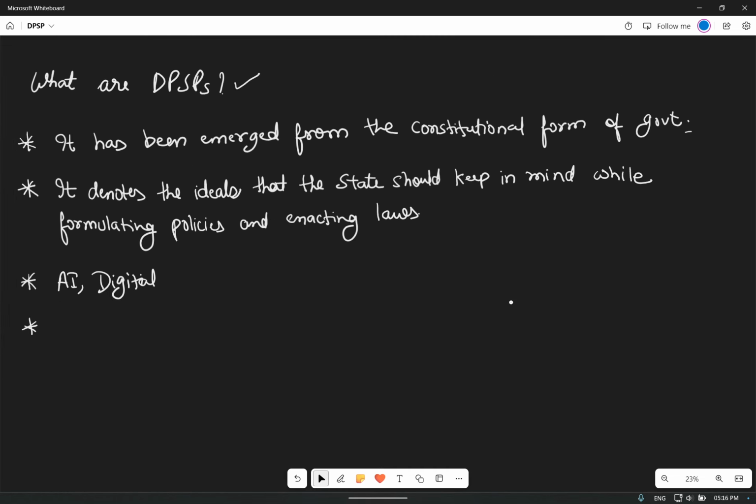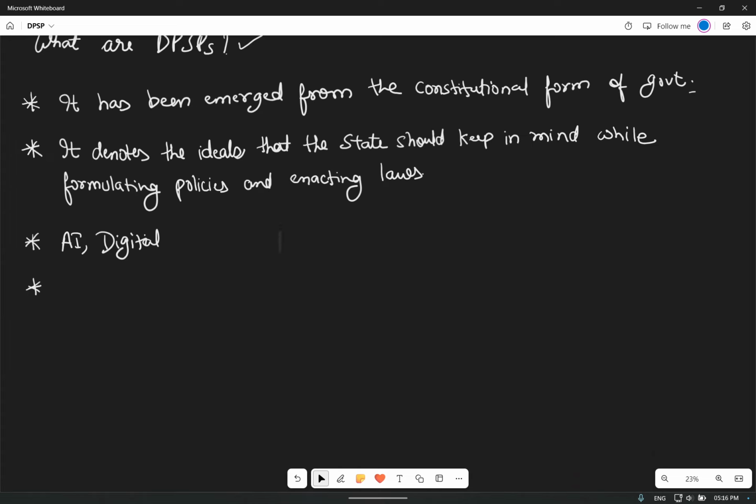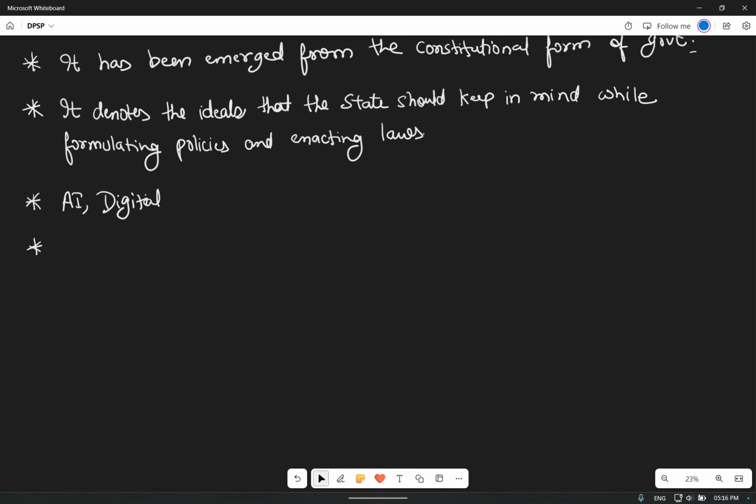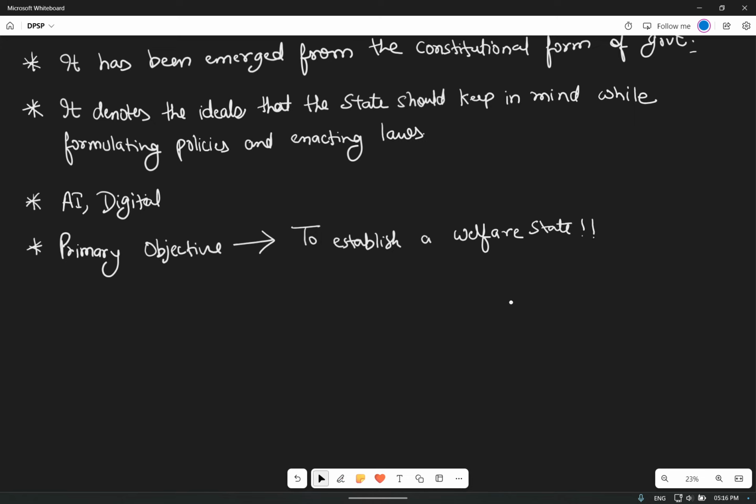Okay, now the only primary objective of this DPSP is to establish a welfare state, okay, and not a laissez-faire state.